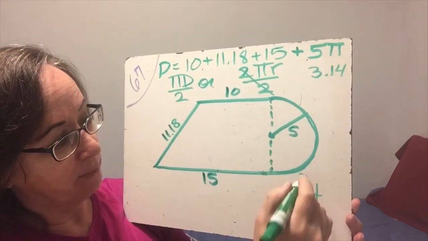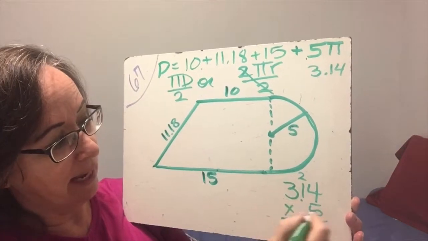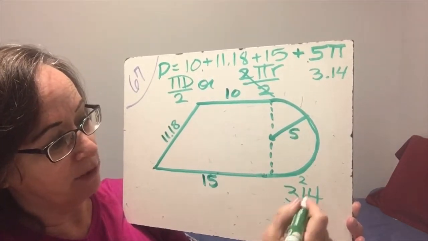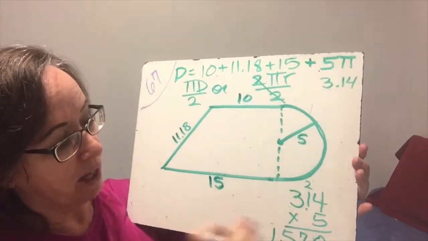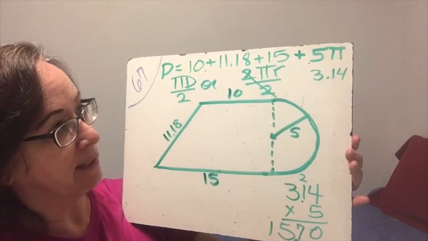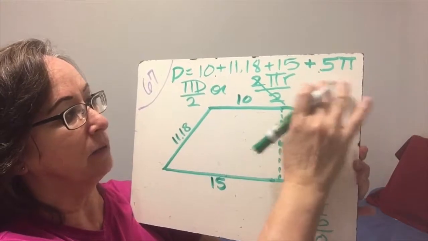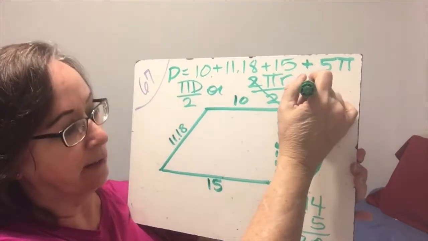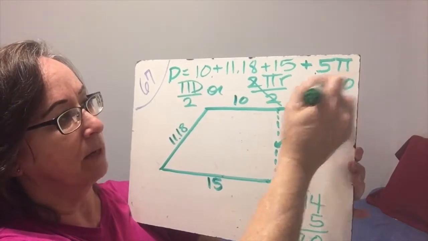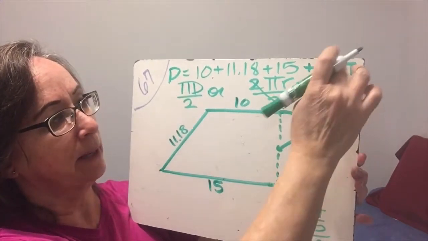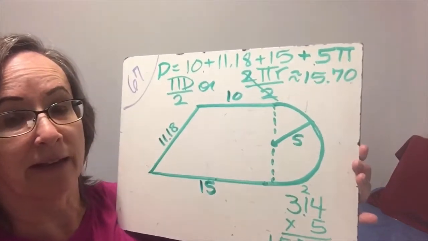And 5 plus 2 is 7, and 15, and we have two decimal places. So 15.70. We're going to erase this, and right underneath it write 15.70 is a good approximation for this 5 pi right there.